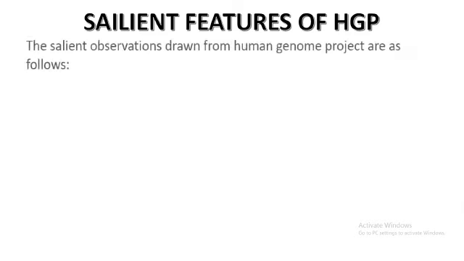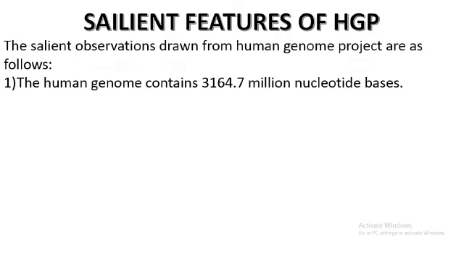Therefore, in the salient features of HGP, we are going to study 10 important characteristic features which we have observed after making the map. Let me come to the salient features one by one. The human genome contains 3164.7 million nucleotide bases.